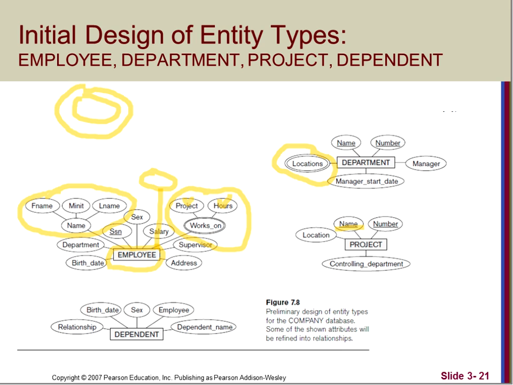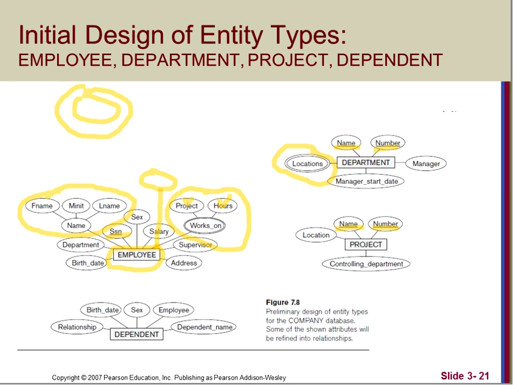The last thing you need to specify in this notation is the underline. Sometimes the project has two underlines, name and number, and the department has the name and number, and also the employee has the social security number. Underline means it's a unique attribute.